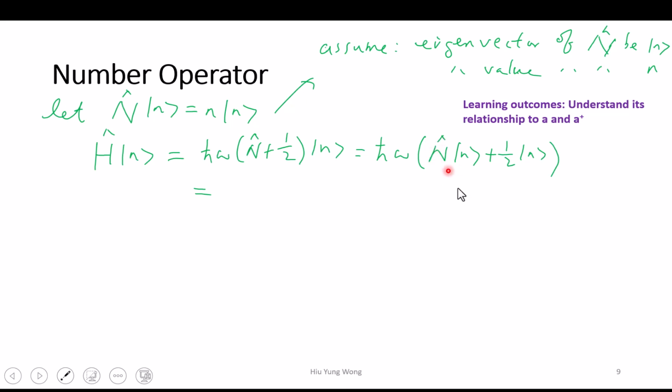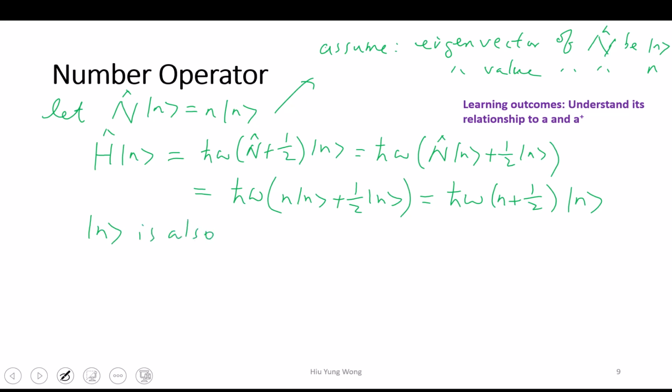What does the n operator do on its eigenstate? Eigenvalue times the eigenstate, right? This is given. So this is just h bar omega times n plus 1 over 2 times n. I can factorize out h bar omega times n plus half acting on the eigenstate. So basically, you see that n is also the eigenvector of the Hamiltonian in the simple harmonic oscillator case.